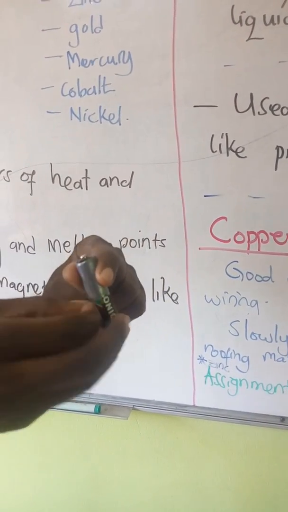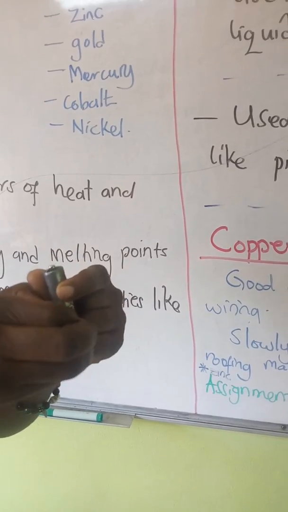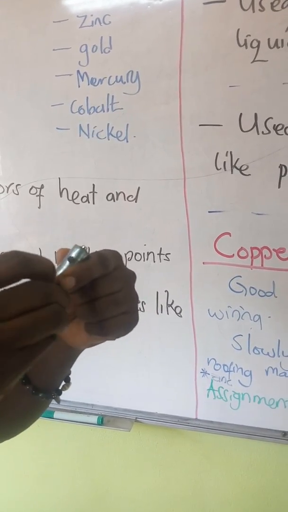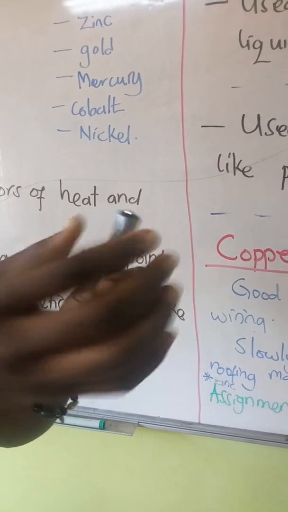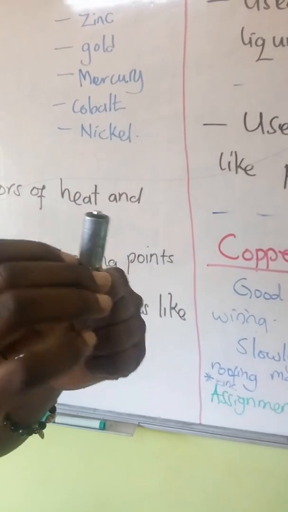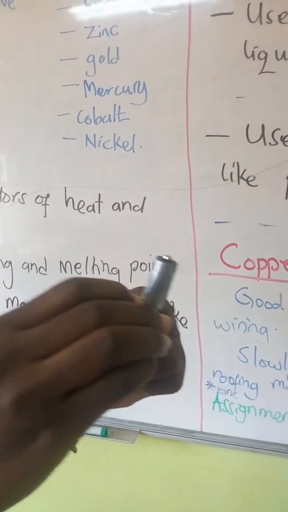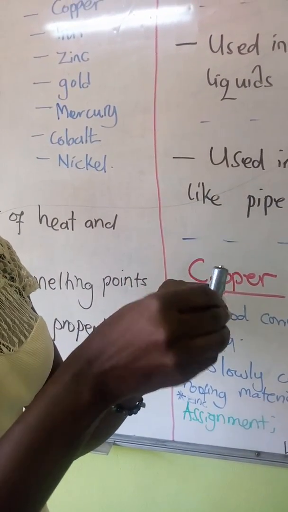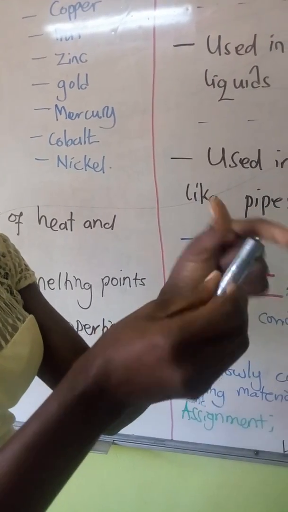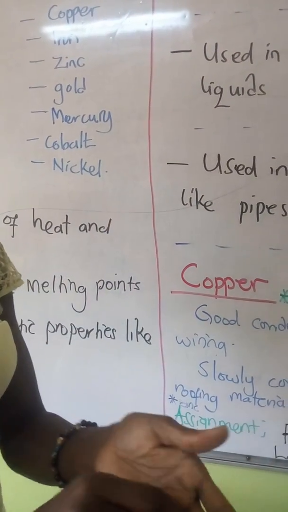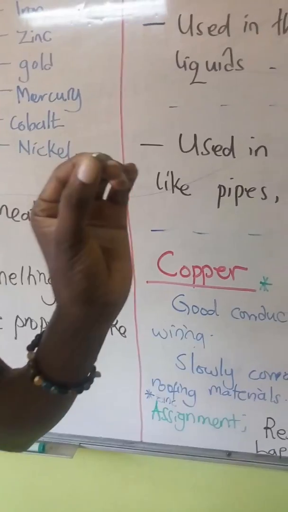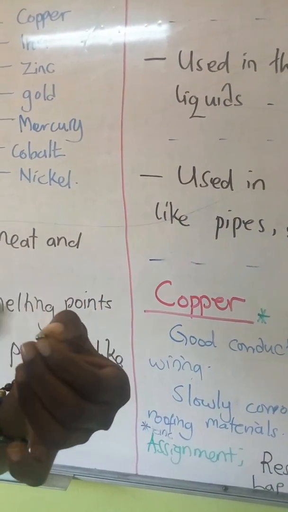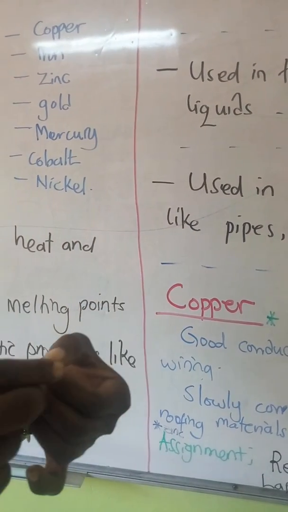If you get a battery like this and remove the paper outside, the metallic thing that you come to is zinc metal. We call it zinc casing. We use it because it is a good conductor of electricity and heat. Then when you come to these pill batteries, the ones that we use in our watches, again, inside them we have zinc. Due to its conductivity, we use it inside, so it is used everywhere.